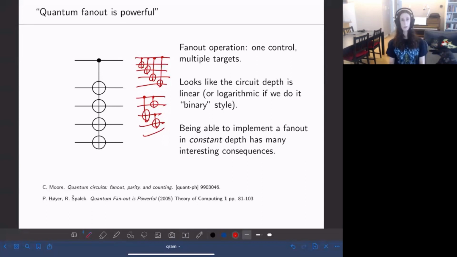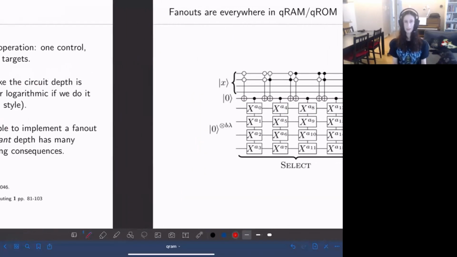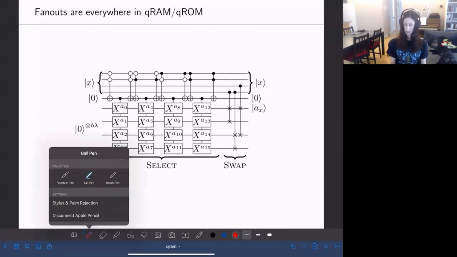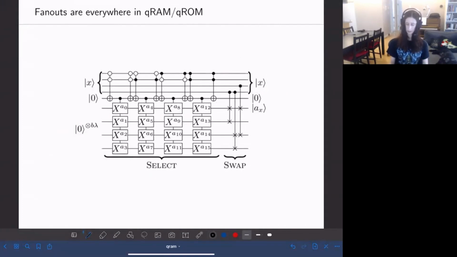But in some hardware platforms, maybe it's possible to do this fan out simultaneously when you have all-to-all interactions available. I wanted to highlight a couple of examples: if you are able to do those fan outs simultaneously in hardware, there's a really big advantage for qRAM, because this is a fan out, this is a fan out.